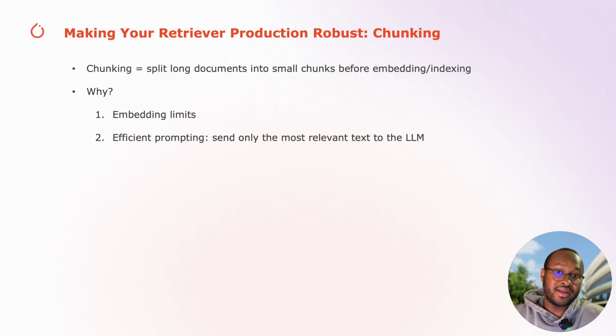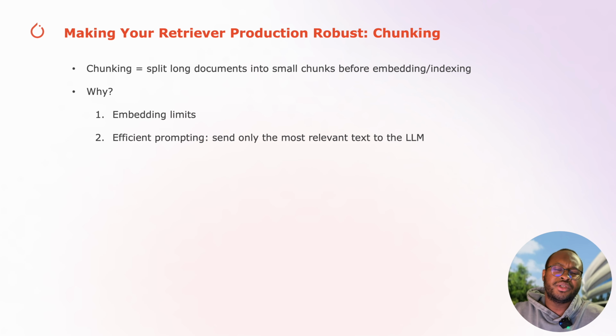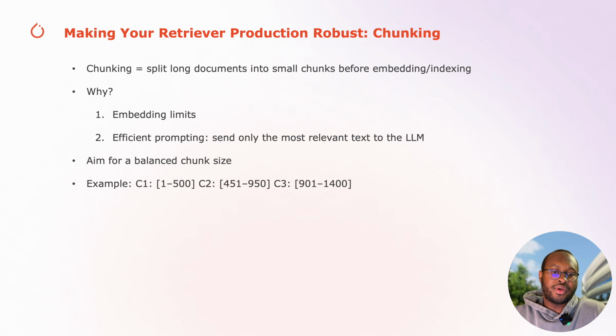And also embedding has limits. I don't know how you can embed a very large document. And also we only want to send relevant information to the large language model. If you send a very large text that has so many different parts and different topics, it can lead to confusion.